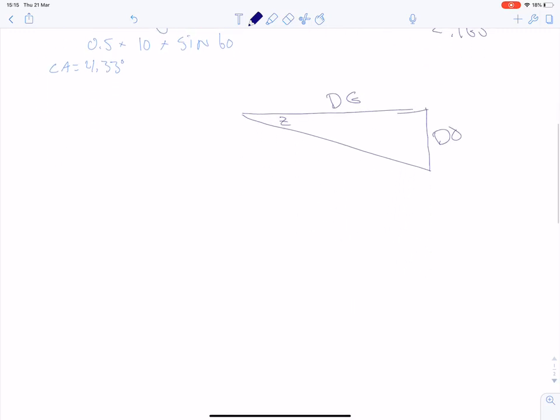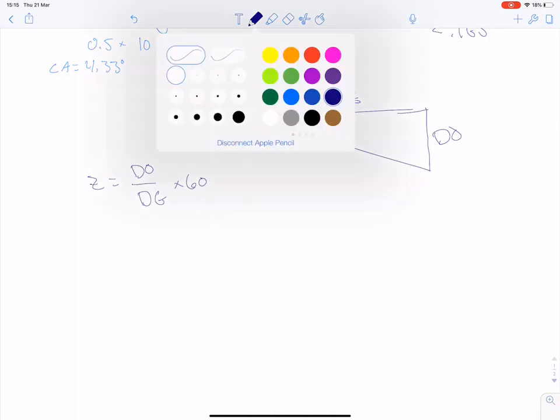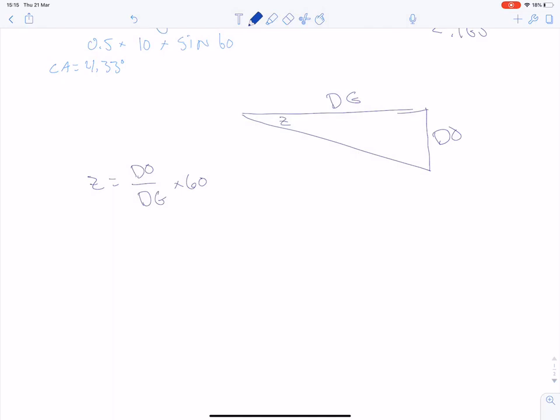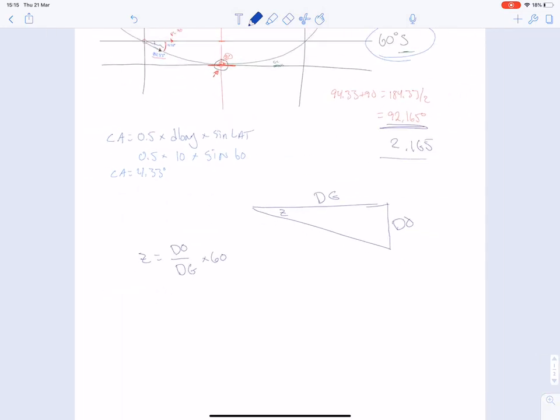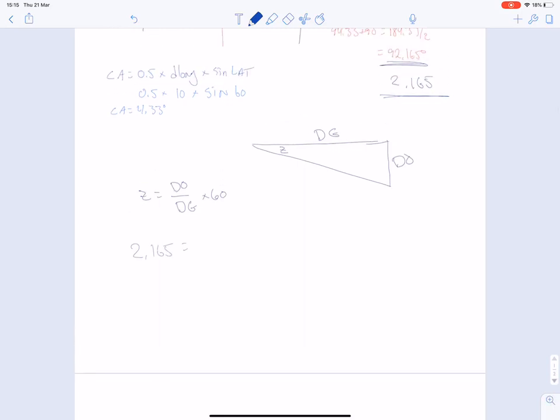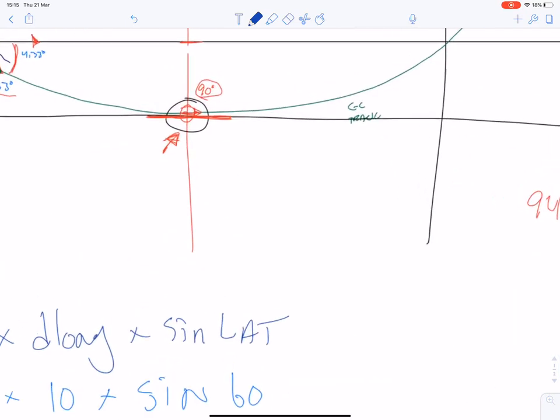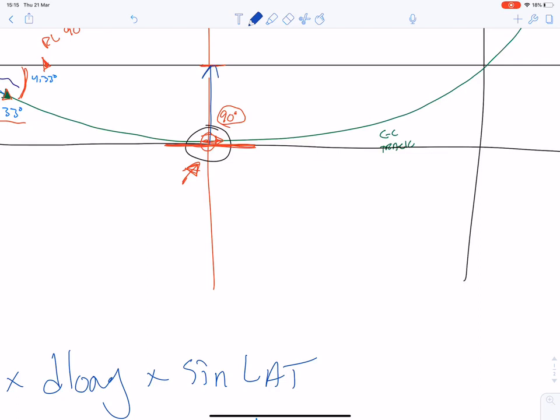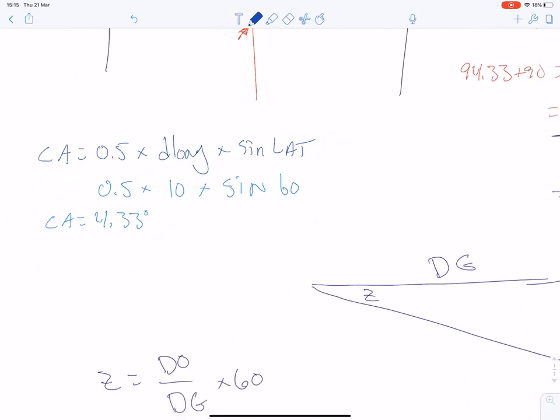And the 1 in 60 calculation was z equals distance off divided by distance gone multiplied by 60. So we have the z being 2.165. 2.165 equals distance off, which is the unknown factor. We don't know this length here.